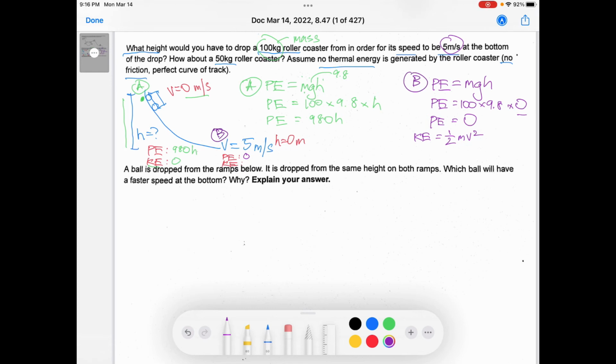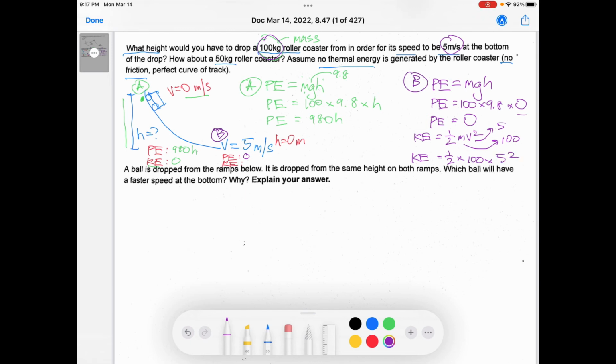Because the velocity of the cart at point B has to be 5 meters per second, we can put 5 in for the velocity of the cart. And we know its mass is still 100 kilograms, so we can put 100 in for the mass of the cart. So the kinetic energy of the cart is 1/2 times 100 times 5 squared.